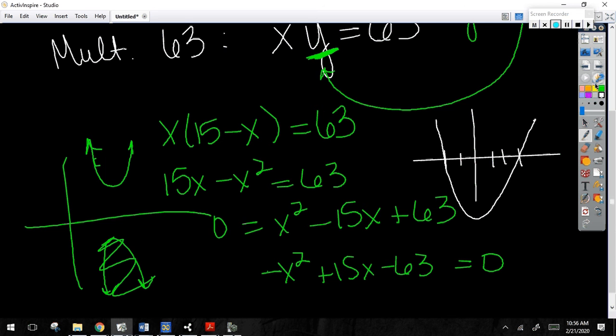If you had moved everything to the other side, the solutions would remain the same, but it would be going down. No, the answer is where it crosses the x-axis. I'm not looking at which way your graph is going. The whole point is finding the values of x that make the equation equal to 0, so it doesn't matter which way it's facing as long as you find the solution.